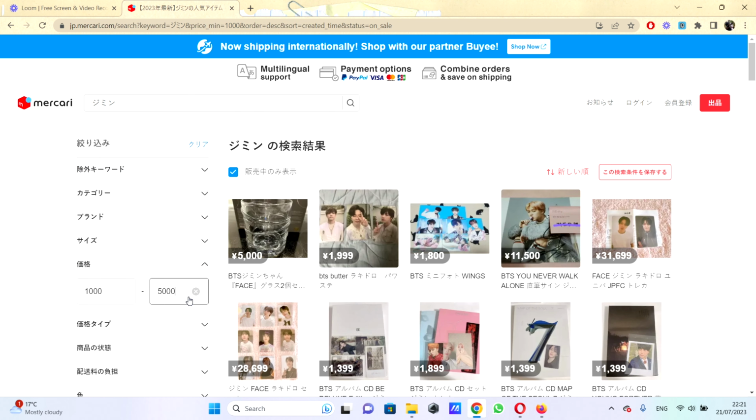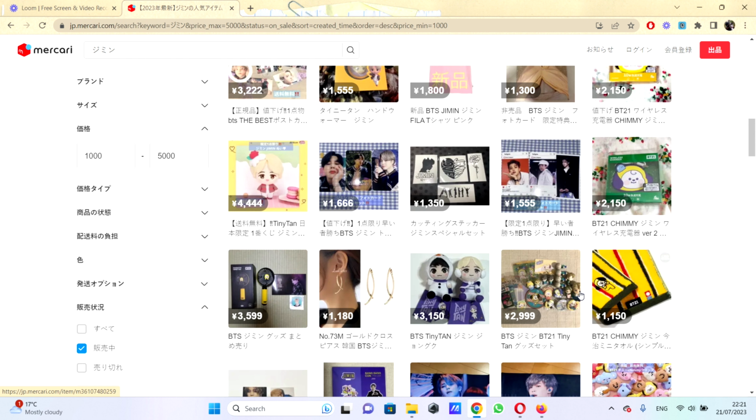I don't use price ranges generally because I check it almost every single day. I just go through everything. If it's a very highly priced item, I can split the cost in half with my proxy, which I will let you know about a little bit later on. But anyway, this is how you can sort by price. I will remove that.